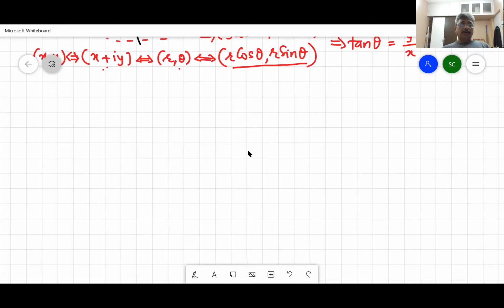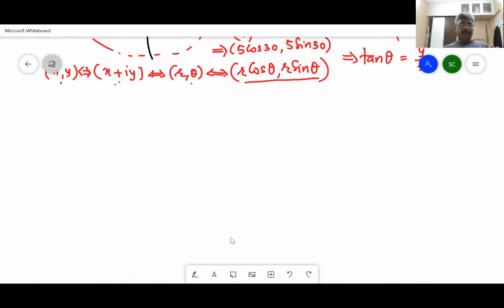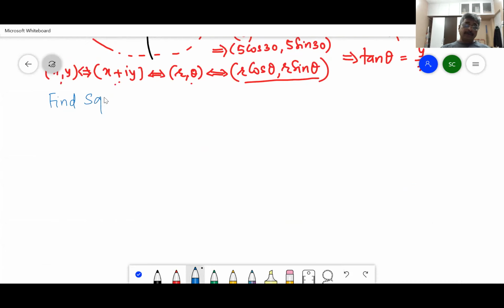That is the end of the board. Okay. Now, if I tell you to find the square root of 16, 0, or if I say find the square root of 16 in complex numbers.